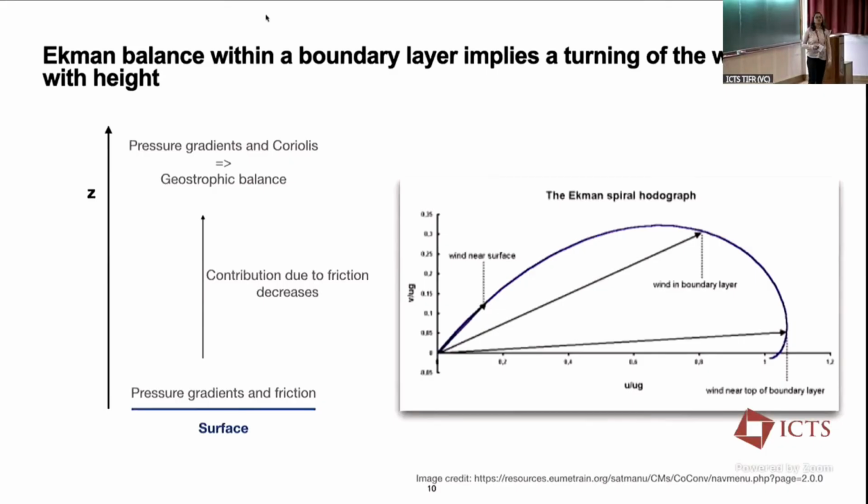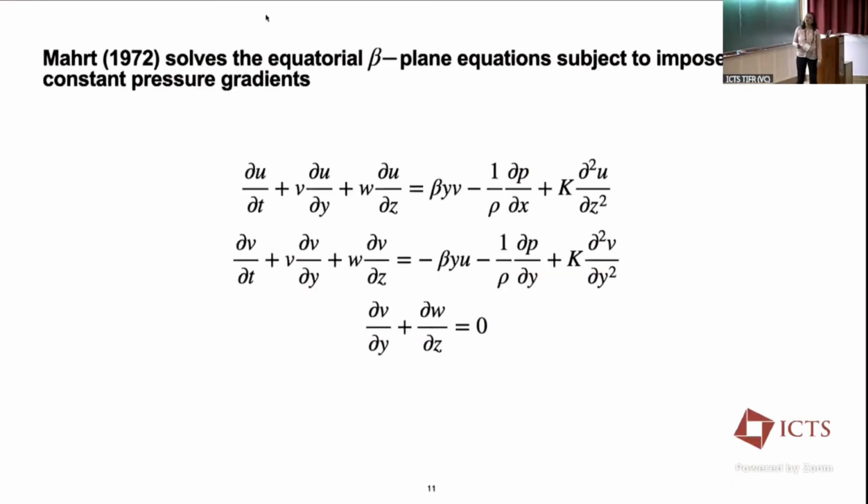And then let's look at what would happen in a cross-equatorial flow, because that's the flow that we are interested in understanding. Obviously people have worked on this in the past. There's this study which looked at cross-equatorial boundary layers, and they used the beta plane approximation.